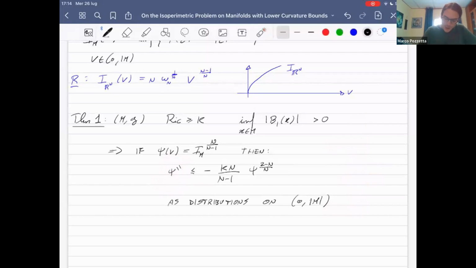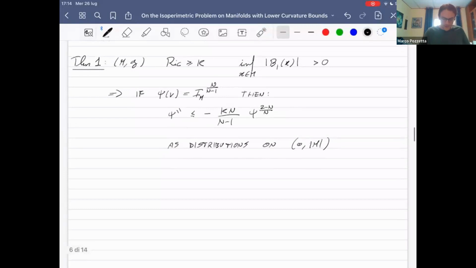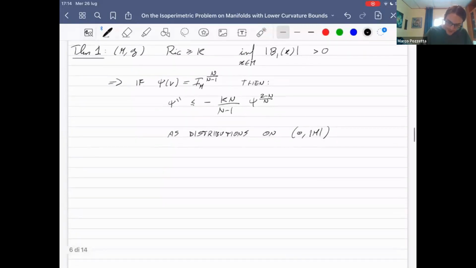And by the way, let me mention that this theorem has quite a history, because also the proof we'll present below contains ideas that go back to Gromov, and precisely to a work of Gromov of 1980. When he proved the so-called Levy-Gromov isoperimetric inequality, that is something that we will see tomorrow, actually.